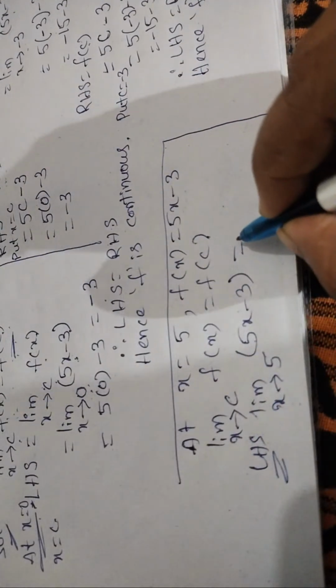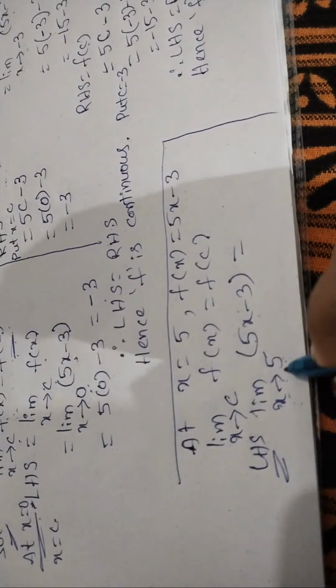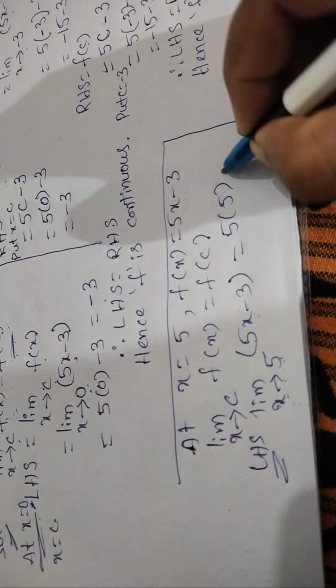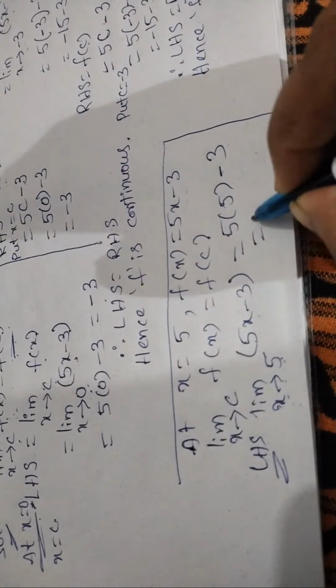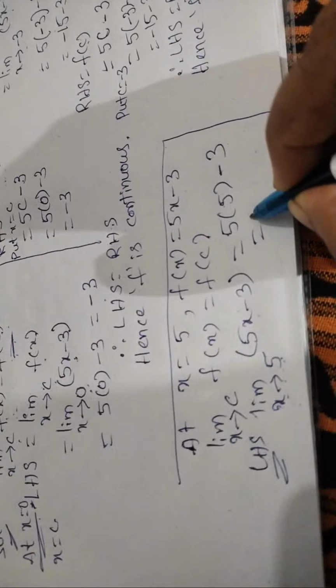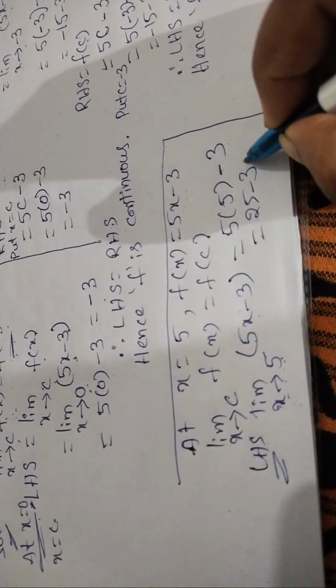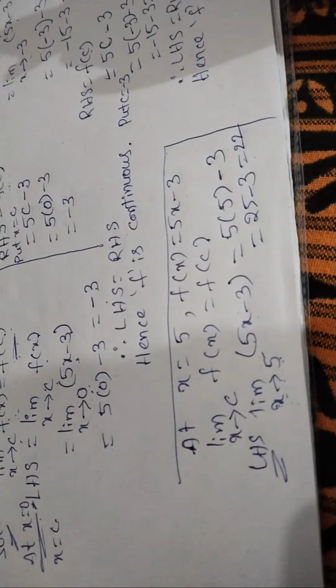So I replace the x value with 5. Why? Because x tends to 5. So 5 into 5 minus 3. So 25 minus 3, 22.